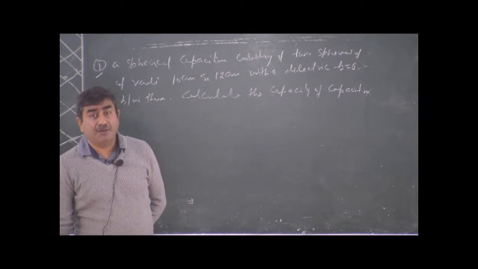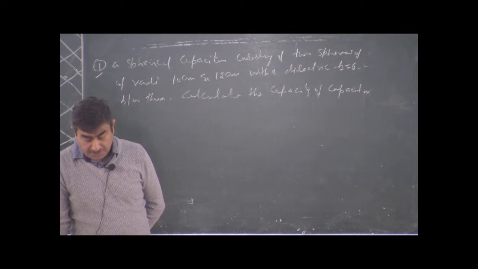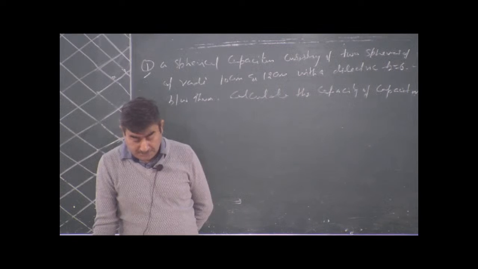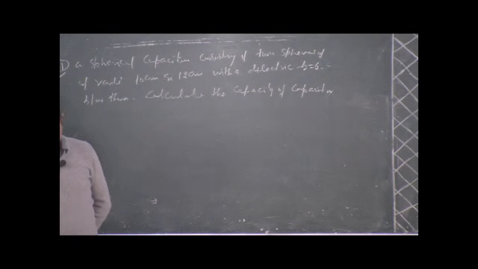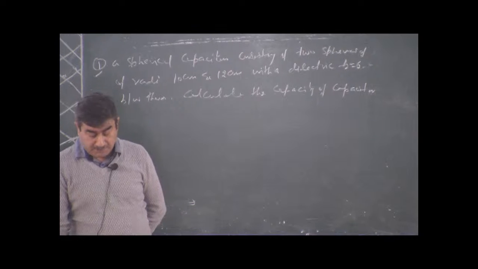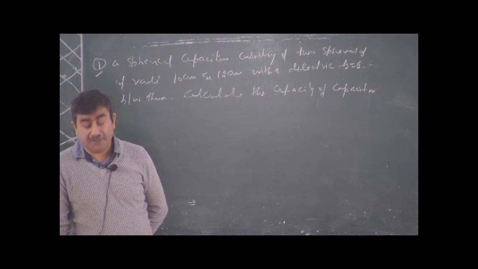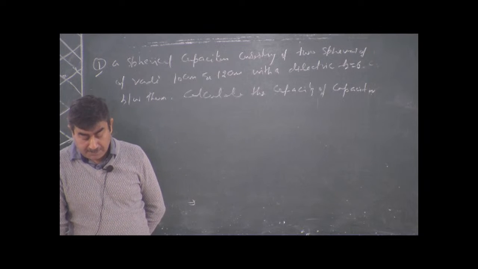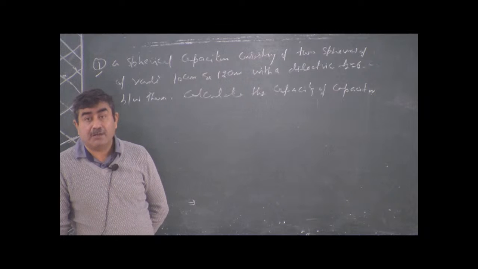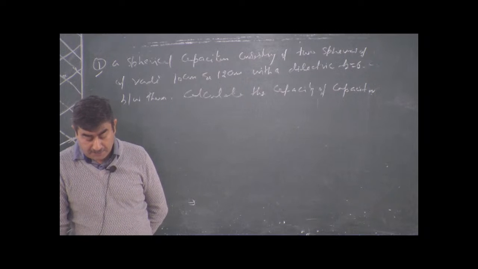So this you can do, just apply the formula: the capacity of a spherical capacitor is given by C equal to 4 pi epsilon naught into K R1 R2 over R2 minus R1.